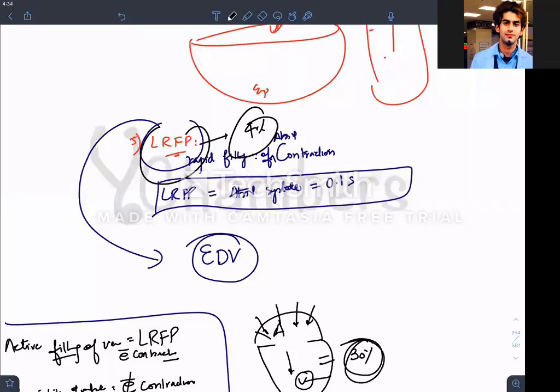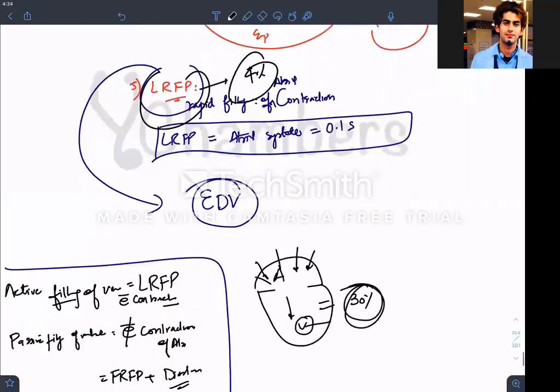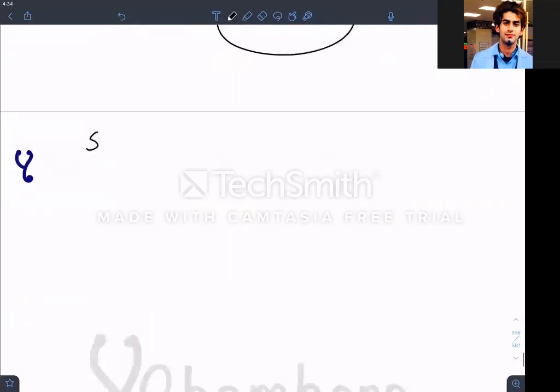Now I go towards the systolic phases. So what are the phases of systole we learned? We said isovolumetric contraction, rapid ejection, slow ejection.